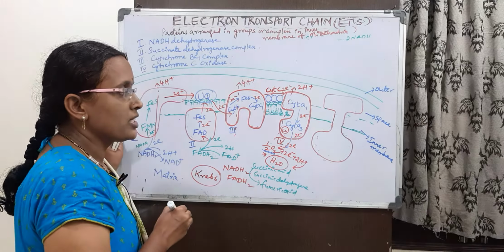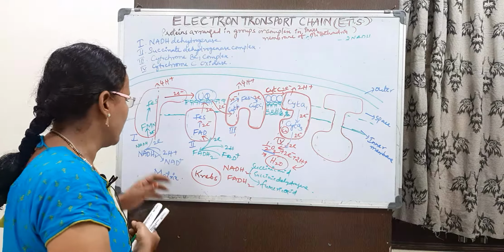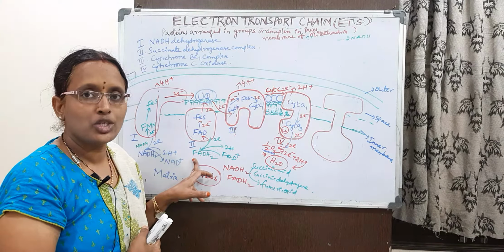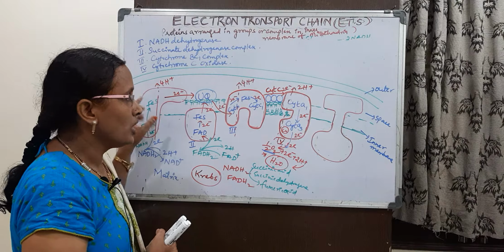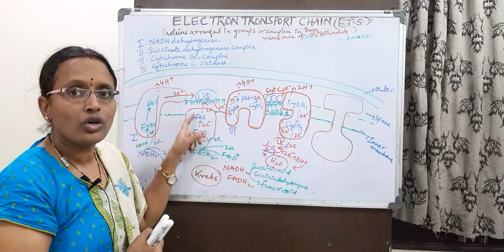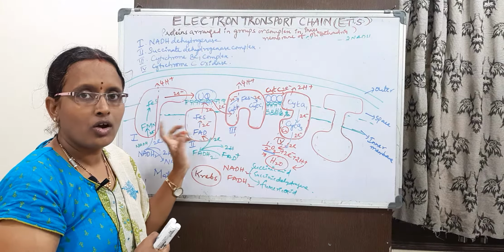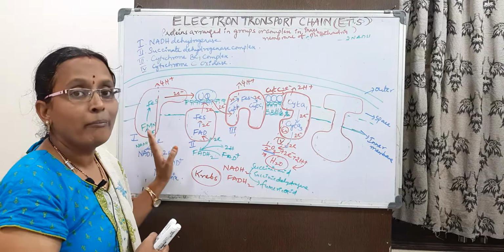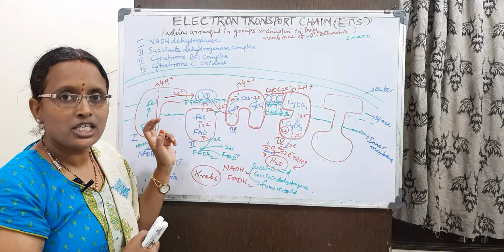Complex 1 is related to NADH and complex 2 to FADH2. When they are oxidized, the electrons are carried through the different electron carriers according to their redox potential, and they also pump some protons into the inner mitochondrial space.